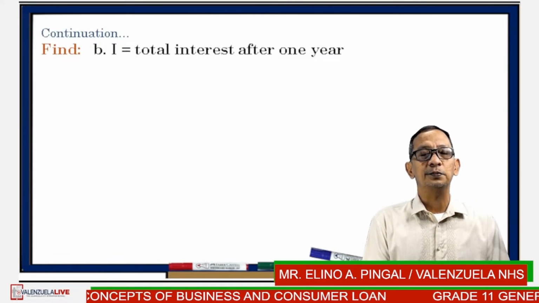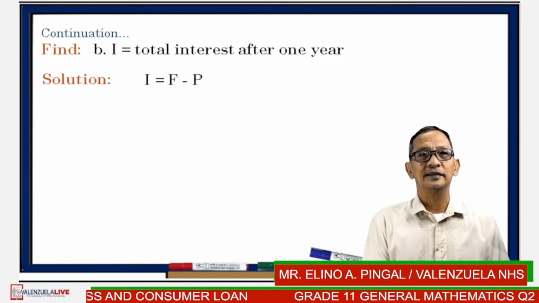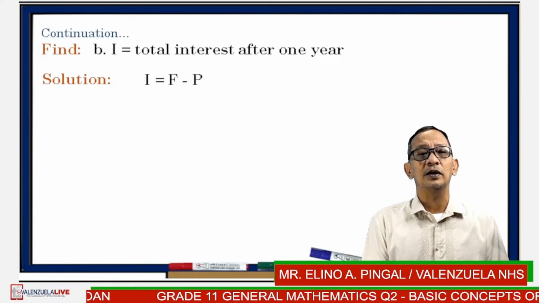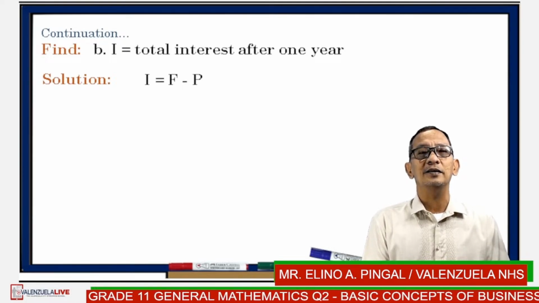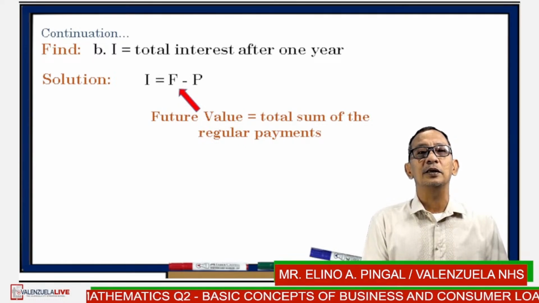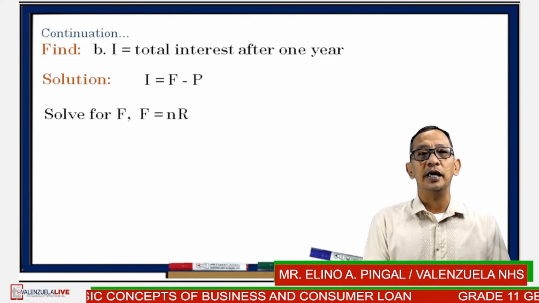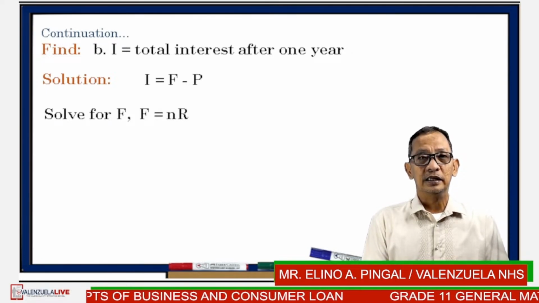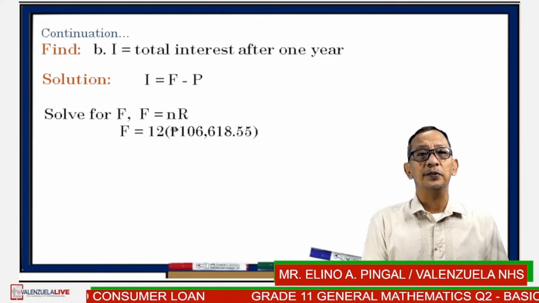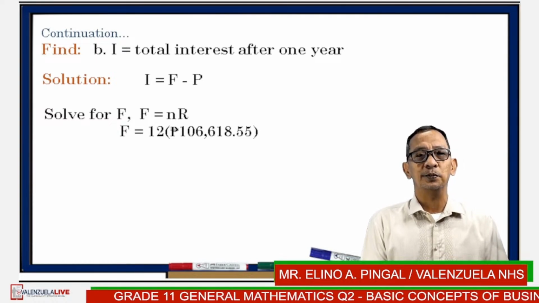Continuing here, let's find the total interest after 1 year. Solution, I is equal to F minus P, or interest is equal to future value minus the present value. F is the future value or the total sum of the regular payments. Solving for F, F is equal to n times R, where n is equal to the number of times it will be paid, and R is the regular payment. So F is equal to 12 times 106,618.55.